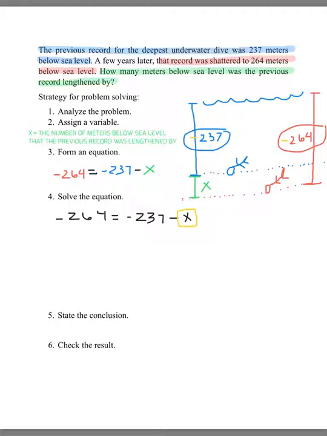Right now we're subtracting negative 237 from it, so we're going to want to undo that. So currently we have this in the way, negative 237. The opposite of negativity is positivity. So in order to eliminate that, we're going to add a positive 237 to both sides. So let's go ahead and do so. Negative 264. So for now, start off with the original equation again.